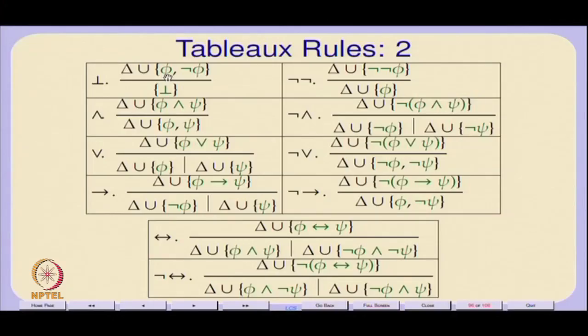Let us go back to this. The point is, if phi is not an atom, it is some complicated formula, and you have both phi and not phi in this set, then even if I replace this rule by having only atoms p and not p here, phi and not phi, by application of all these rules, will eventually yield a complementary pair of literals.